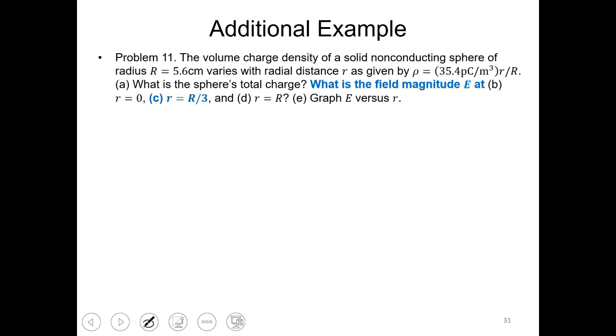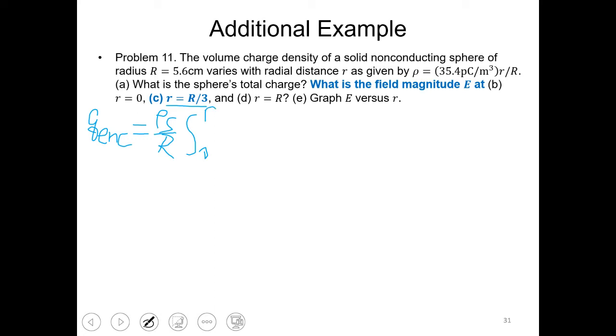So next, what is the E field at r equals capital R over 3? For this case, we still need to calculate the Q enclosed again, similar to question A. We need to integrate the charge enclosed by a Gaussian surface with radius small r, or capital R over 3.